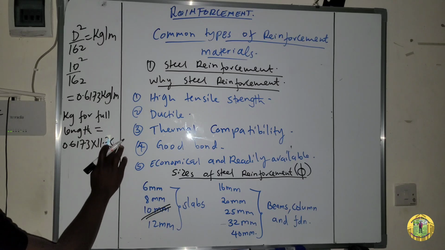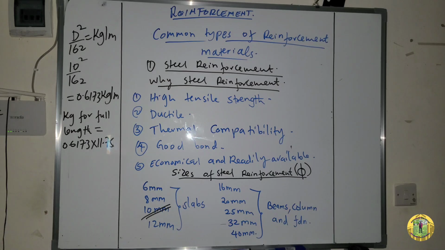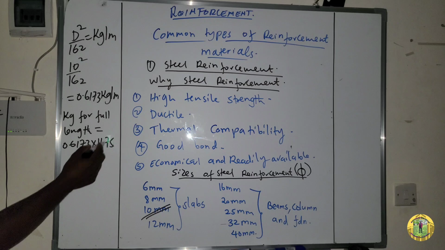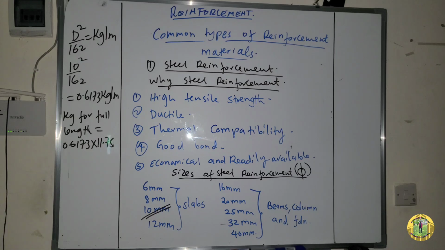The length of the bar is always 12 meters, but sometimes it may not come as a 12-meter length because of the construction of the steel. It can be either 11.75, 11.85, and so on. So you will multiply by the approximate value, which is so close to 12 meters.